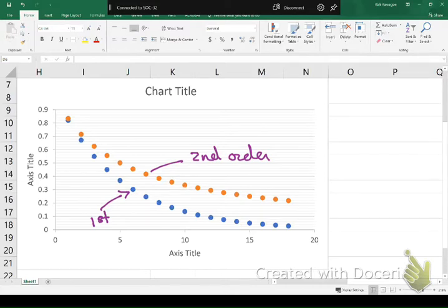I mean, they look very similar, but it turns out there are ways to graph these data that give you very significantly different appearances that you can just look at the graph and say, oh, it's first order or it's second order. And the same thing's going to apply when we graph this data a certain way, and I'll show you that in just a second. When you graph that data a certain way, it makes straight lines, and that's how we tell.